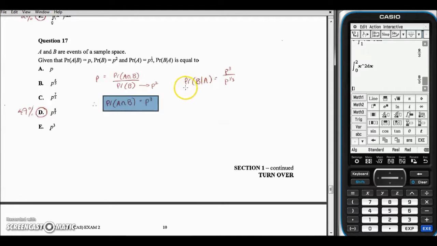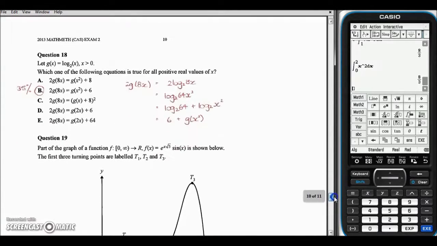So therefore, the probability of B given A is the probability of A intersect B over the probability of A. So that gives you P cubed over P to the 1 on 3. And 3 minus a third is 8 thirds. So the answer was D, which 49% of people got right.